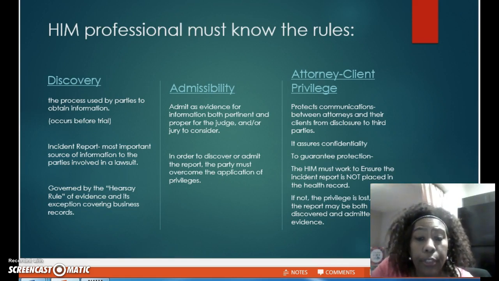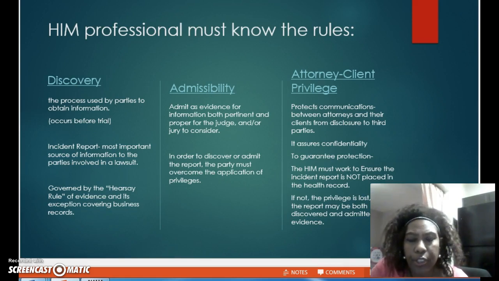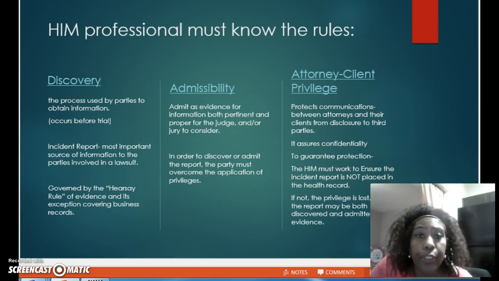In order to discover or admit the report, the party must overcome what they call the application of privileges. One of those is the attorney-client privilege, which protects communications between attorneys and their clients from disclosure to third parties. So it assures confidentiality, and it definitely guarantees protection.